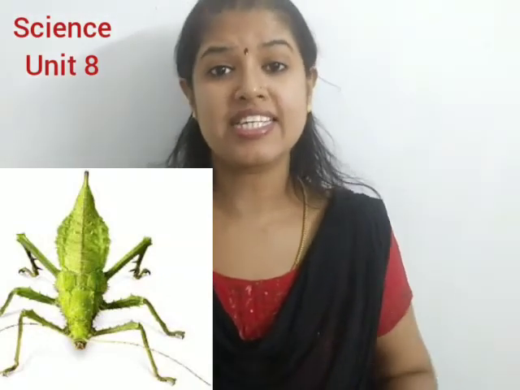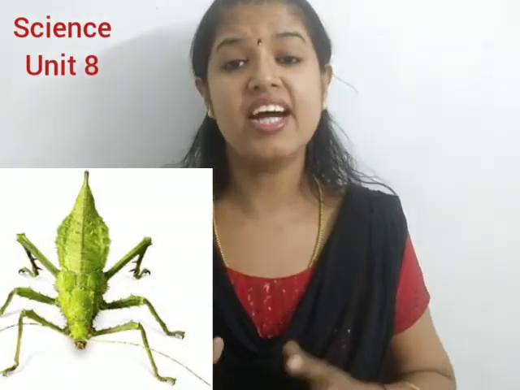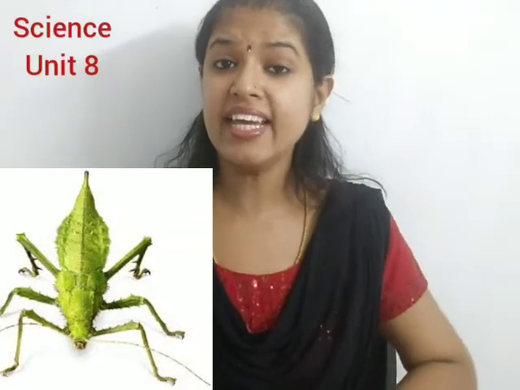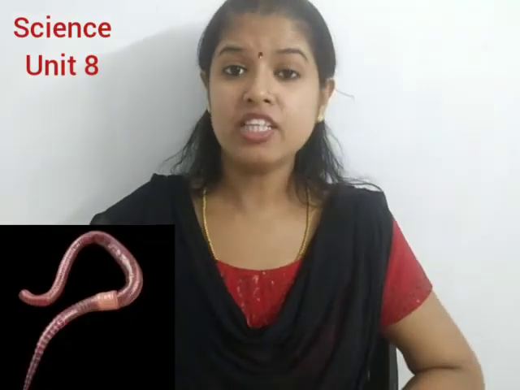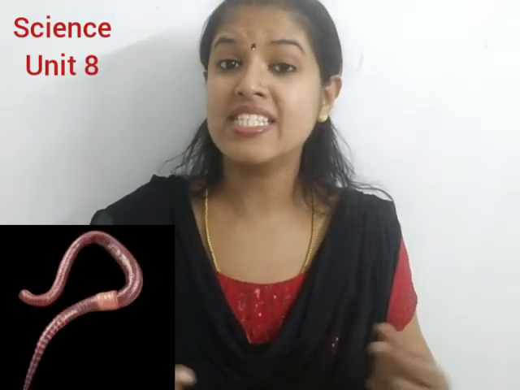So the spiracles and the trachea are the respiratory organs in insects like grasshopper, cockroach, etc. Earthworm's respiratory organ is the moist skin. Moist means which contains a little amount of water. That is why you can see the earthworm always in moist soil.